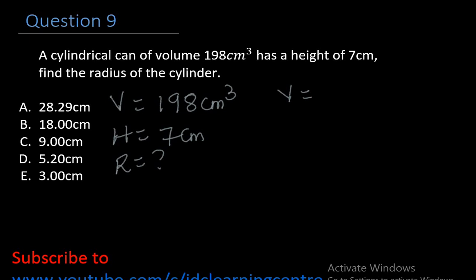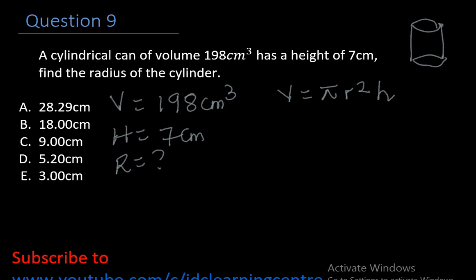So the formula for calculating a prism is base area times height. Since you are talking about a cylinder, the base of a cylinder is a circle. Area of a circle is pi r squared times the height. So this is the formula for calculating volume of any cylinder or a cylindrical can.